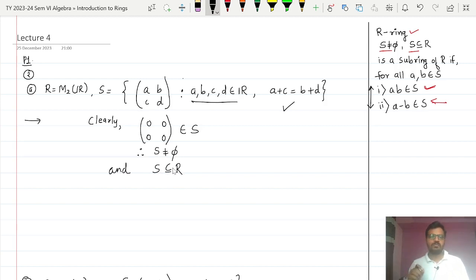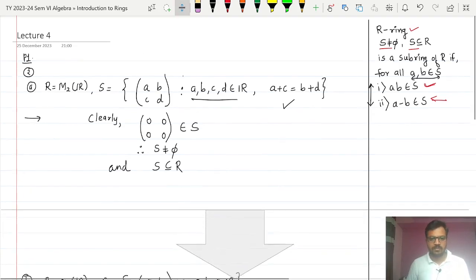Now we will move towards proving both the properties, but in order to prove them we need two arbitrary elements of S. We will call them A1 and A2, capital A1 and A2 because we are dealing with matrices.